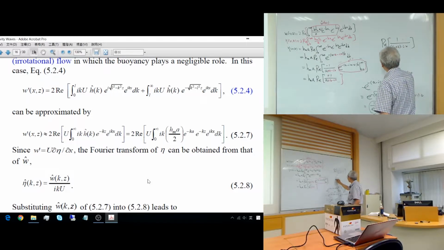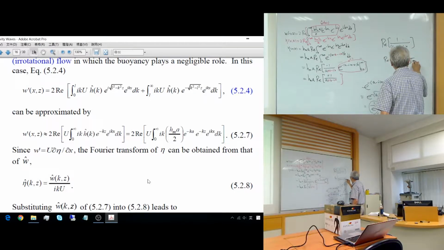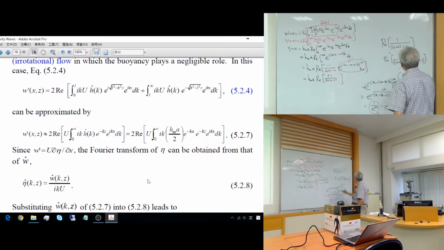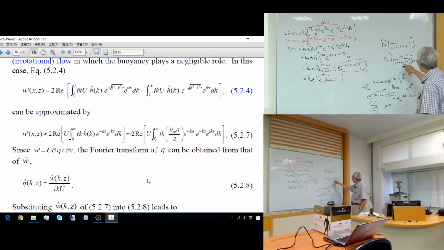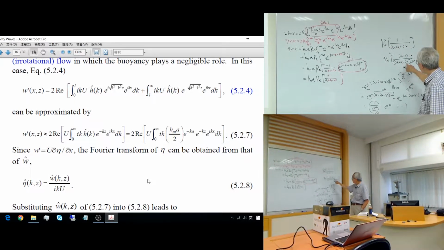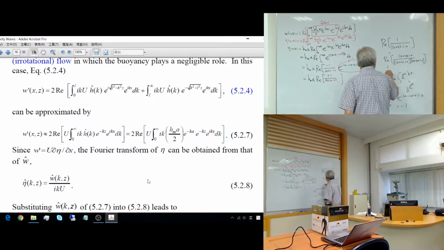Then this equals the real part of 1 over a plus g minus ix, and you multiply by a plus g plus ix. Then downstairs becomes positive, a real number.